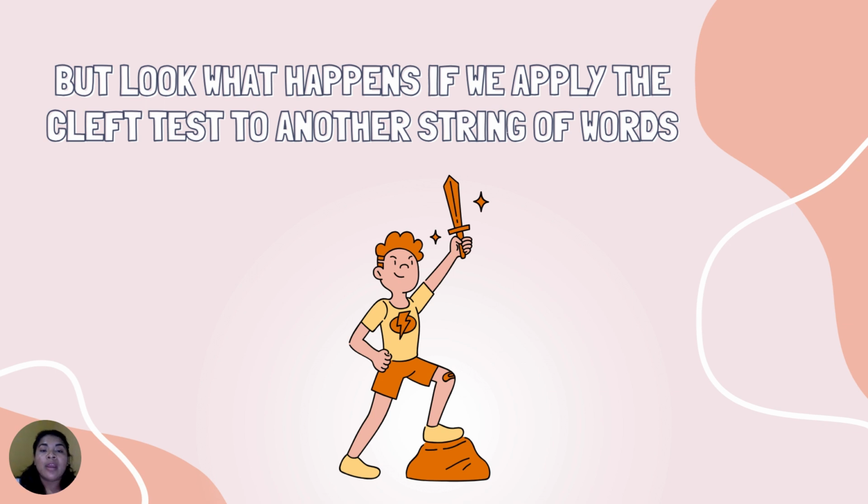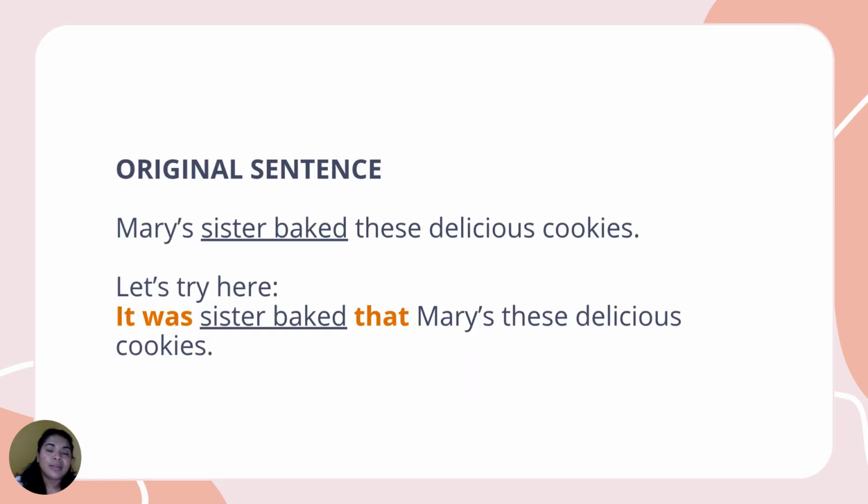But professor, what happens when a set of words isn't a constituent? How do we realize that? Let's see what happens if we apply the cleft test to another string of words. Here I have some examples where they are not constituents.